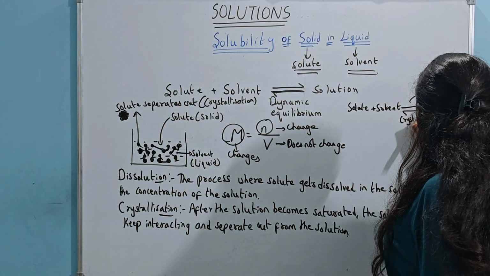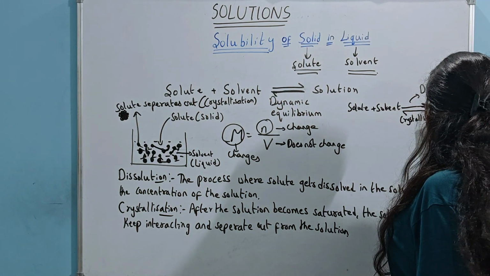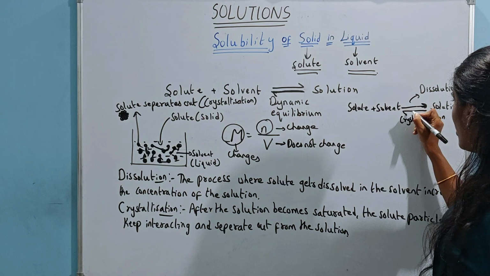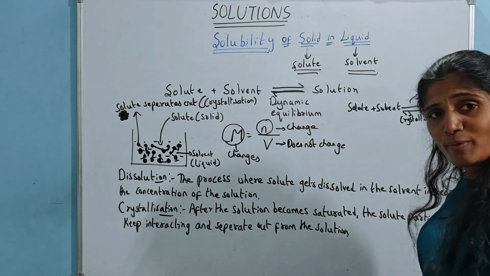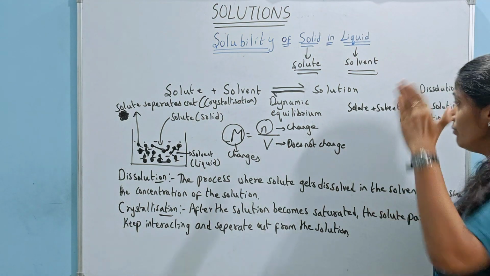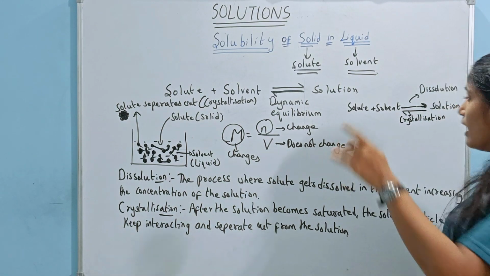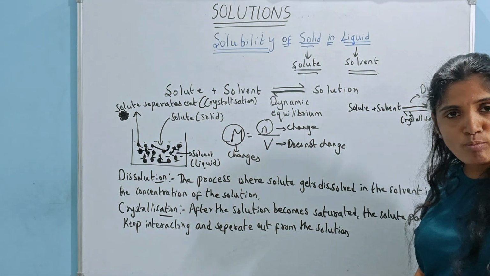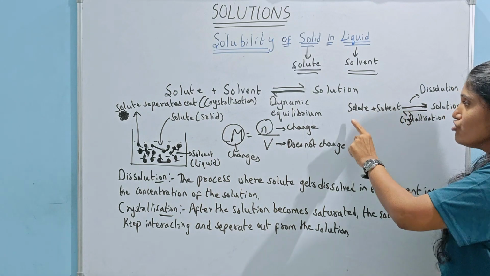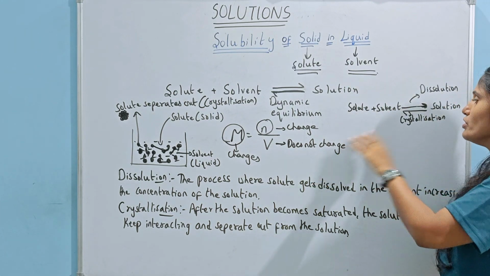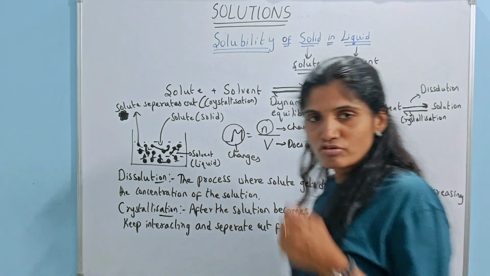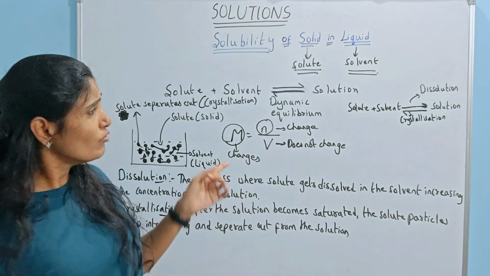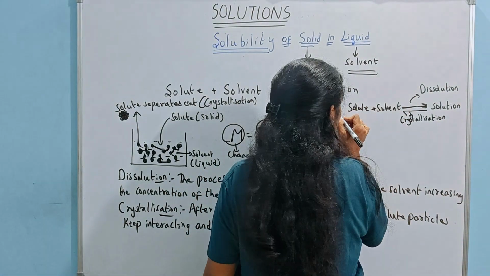This process I call crystallization. Solute plus solvent, solute getting dissolved in solvent, becoming a solution is dissolution. After the saturation point is reached, solute interacting with each other and coming out of the solution is called crystallization. Now, when do these two processes take place?